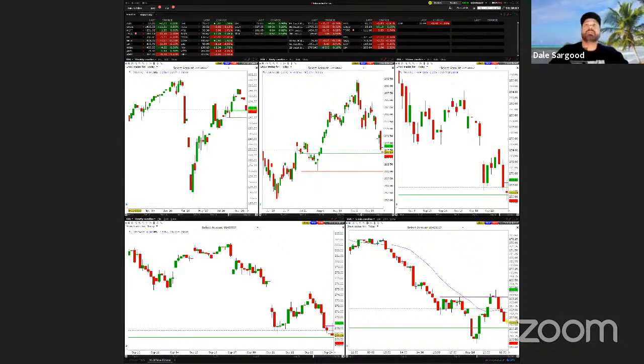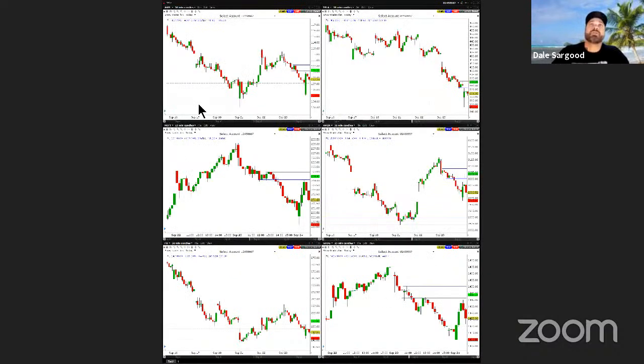We've got big tech: Apple on the top left, Tesla right beside it, Microsoft, Amazon, Facebook, and Google. This is the controlling factor of the entire stock market right here. These are all 30-minute time frames, except for Microsoft's, which is on the 15.